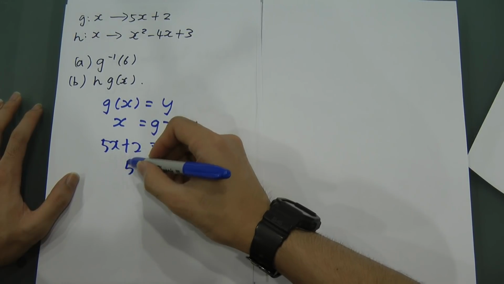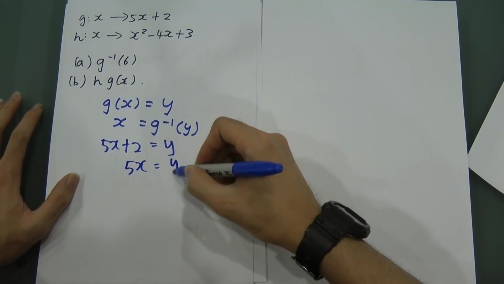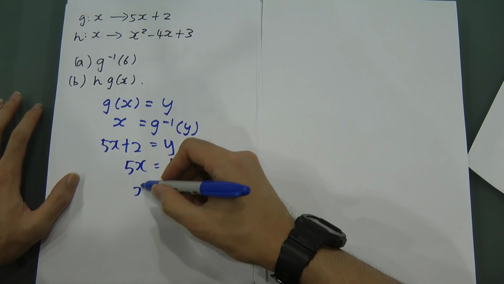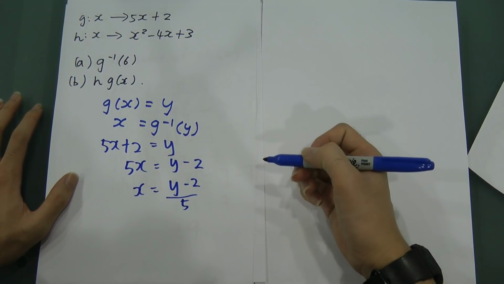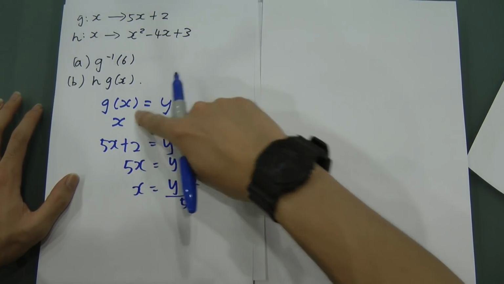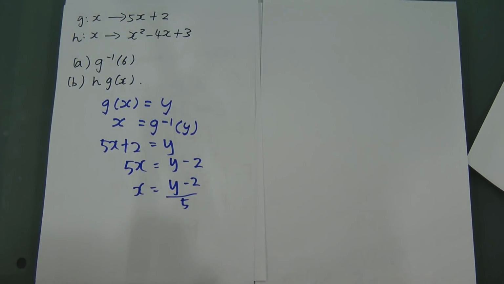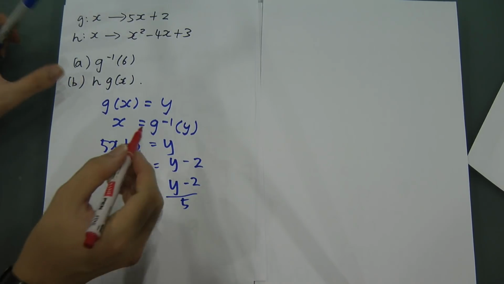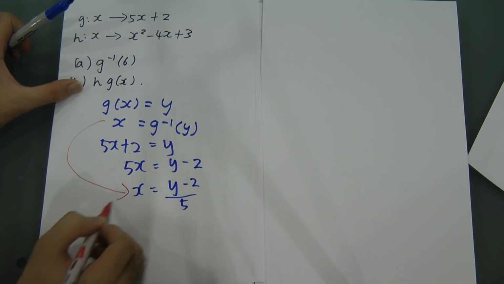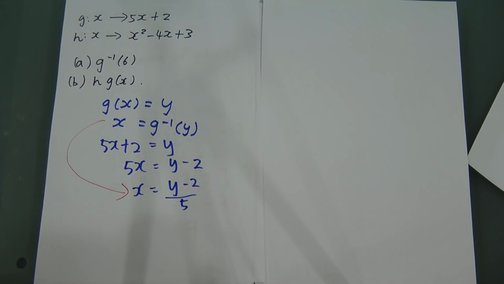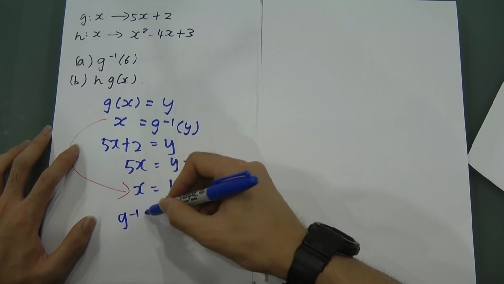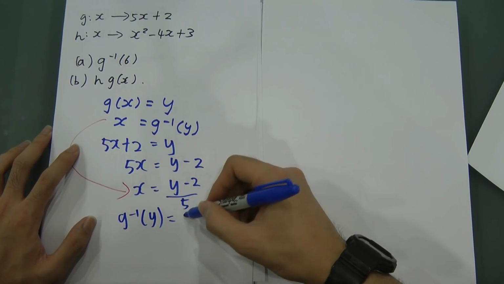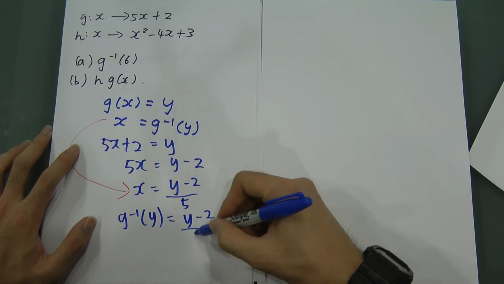So therefore 5x will equal to y minus 2. x will equal to (y minus 2) divided by 5. Okay, now I got x already. So when I got x, I have to substitute this into here. So x will equal to g inverse y equal to (y minus 2) divided by 5.